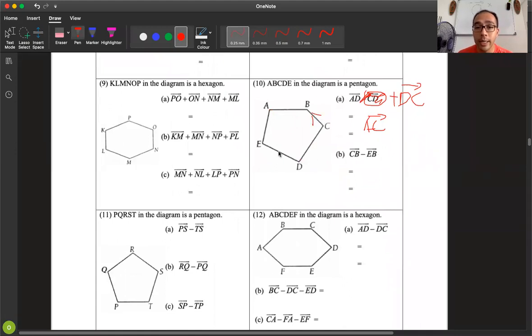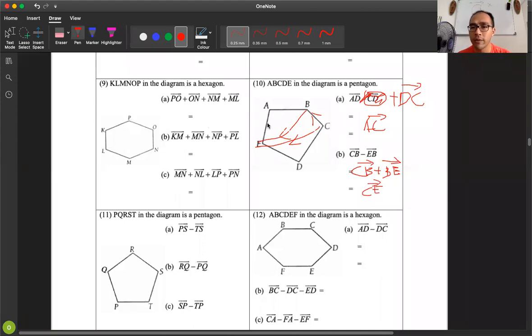Since EB is negative, I'm going to rewrite this as CB plus BE, so that I can get one flow. CB to BE. So the shortcut will be C to E.